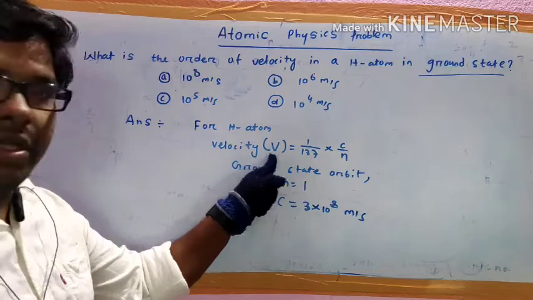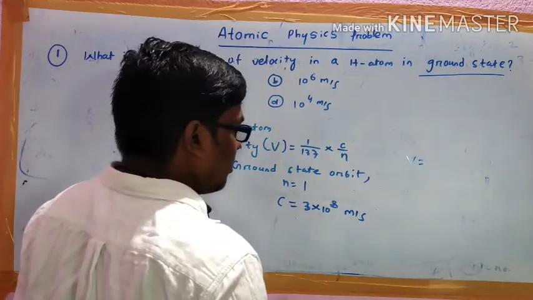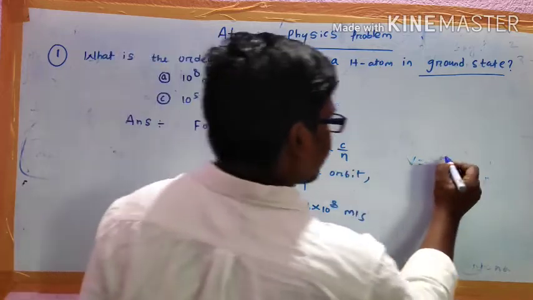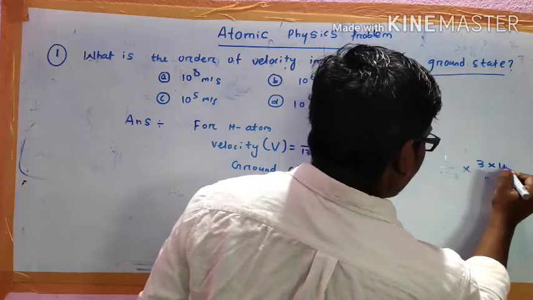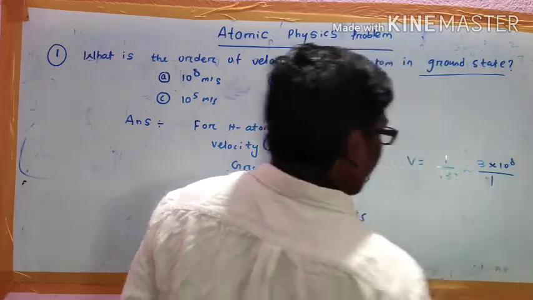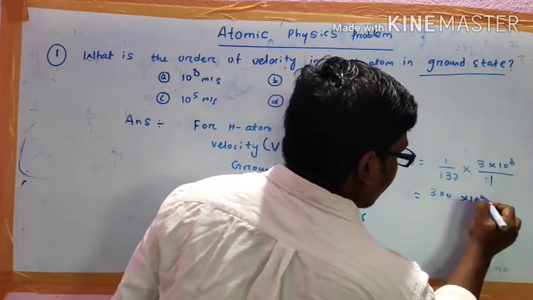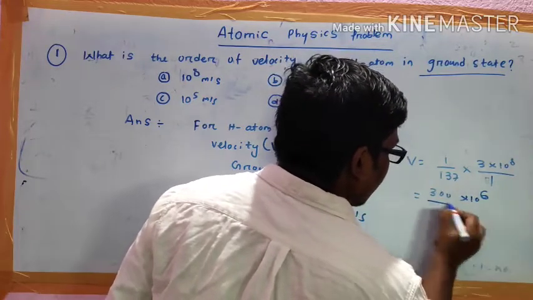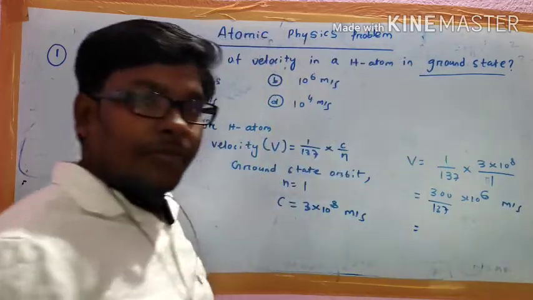Then velocity v is equal to 1 by 137 into 3 into 10 to the power 8 divided by 1. It is 300 into 10 to the power 6 by 137, in meter per second.